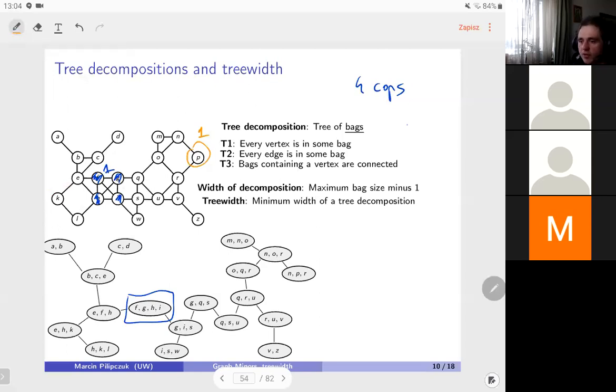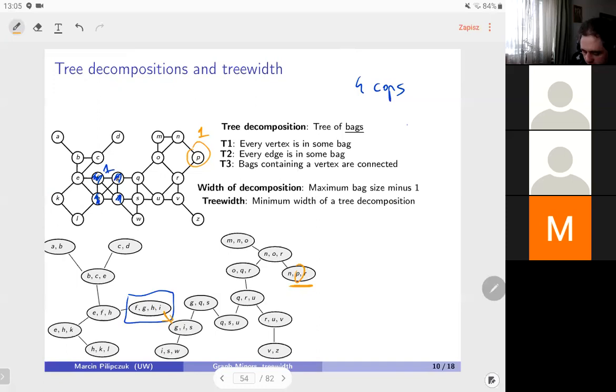Now, what am I doing here? This is the bag, and the robber is on vertex P. So vertex P is actually only here. That means I want to move my cops in the direction of this component, because P lives here.